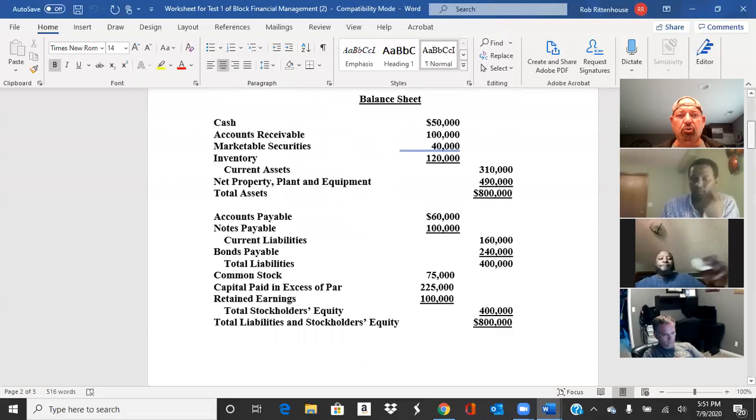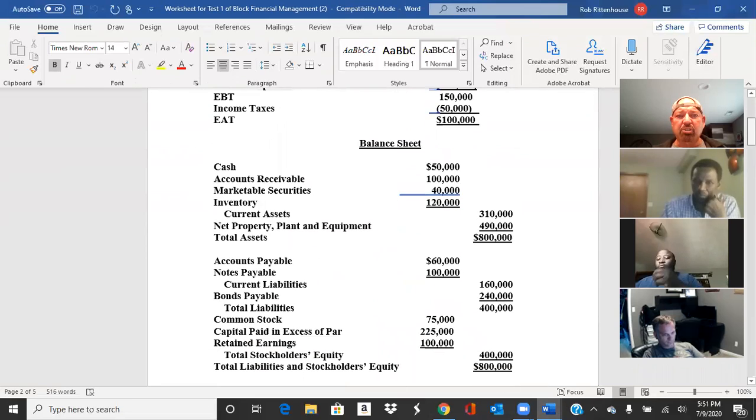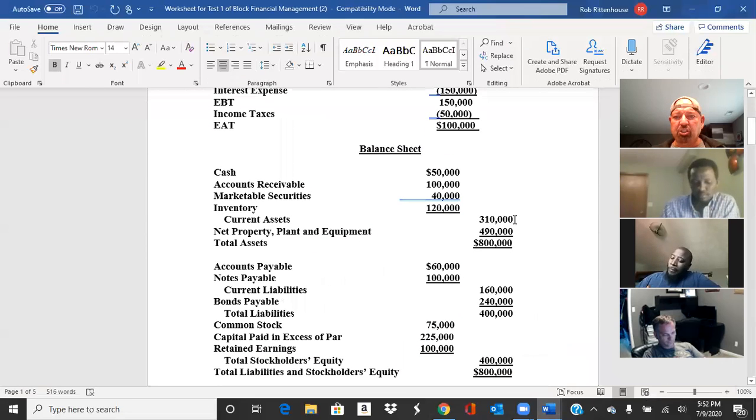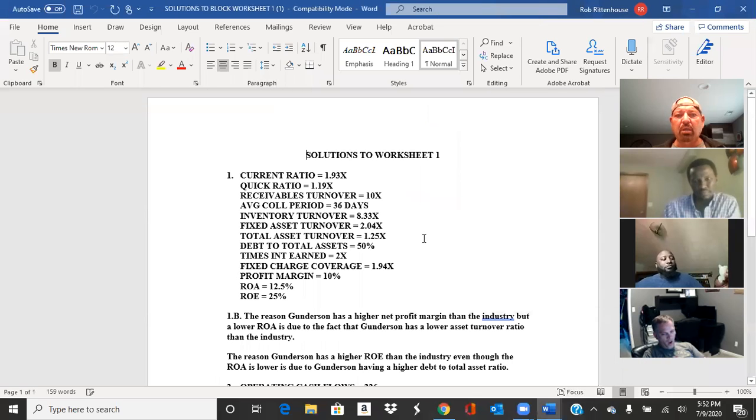The current ratio is current assets, which in this case is $310,000, divided by current liabilities, which in this case is $160,000. So 310,000 divided by 160,000 gives you a current ratio of 1.93 times.